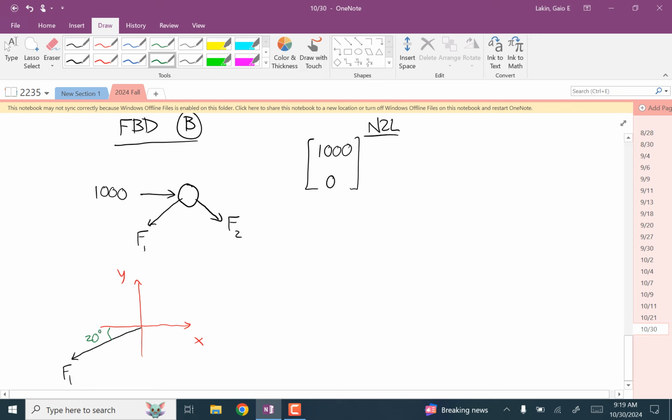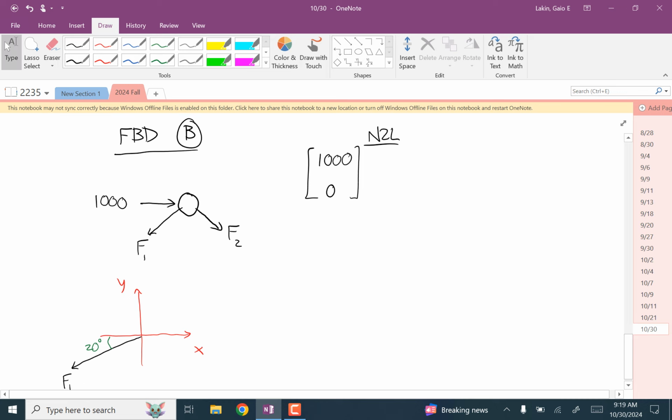So to get from the x-axis to here, you get to 180, go another 20 for 200. And so cosine and sine of 200 is negative 0.940, and then negative 0.342.